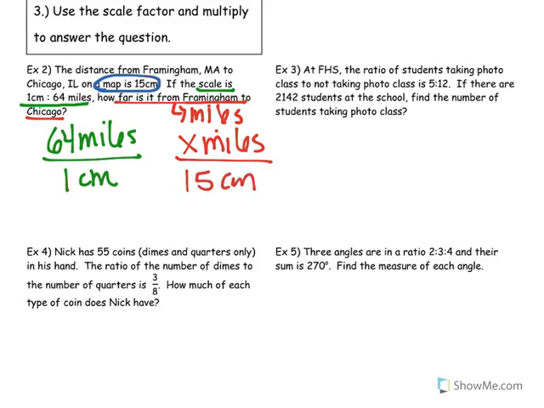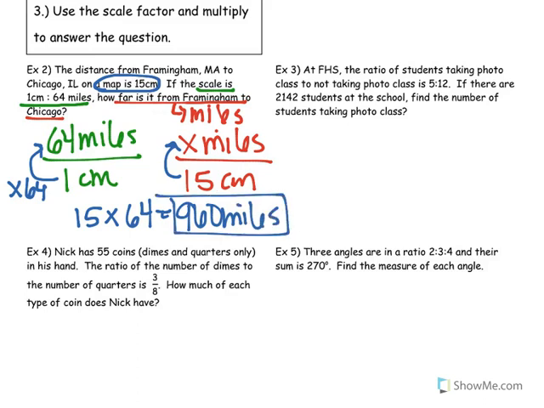So let's actually use the scale factor to figure this out. The scale factor here, 1 times what is 64? The scale factor is 64, okay? If I know that I went 64 miles per 1 centimeter, I can use that same scale factor and do 15 times 64 and figure out that they are actually 960 miles apart.